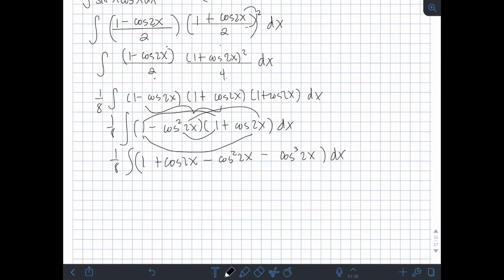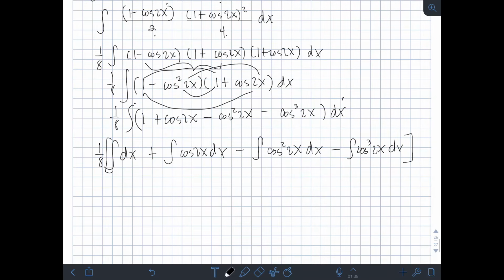Okay, so, therefore, pwede natin gawin is distribute natin itong integral symbol tsaka yung dx operator. So, we have integral ng dx plus, so lahat sila nakamultiply sa 1/8, right? Integral ng cos 2x dx minus integral ng cos squared 2x dx minus integral ng cos cube 2x dx. So, ito integrable na siya, right? Ano siya? X lang, right?